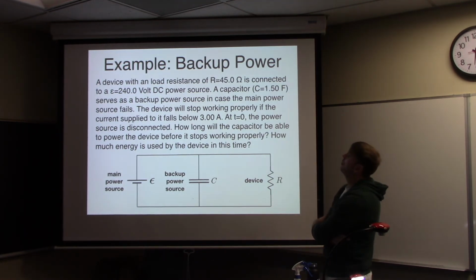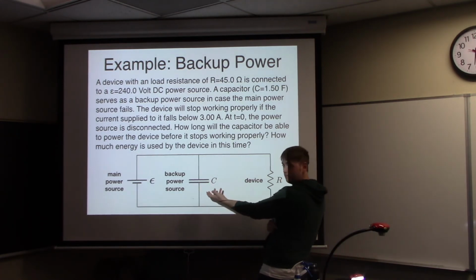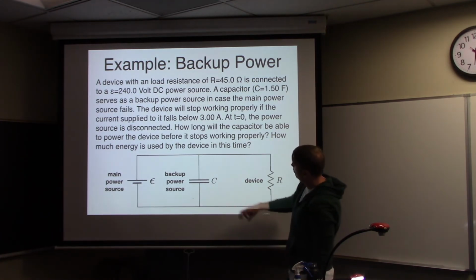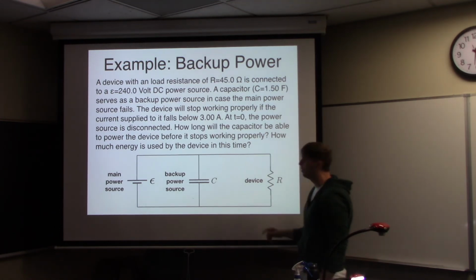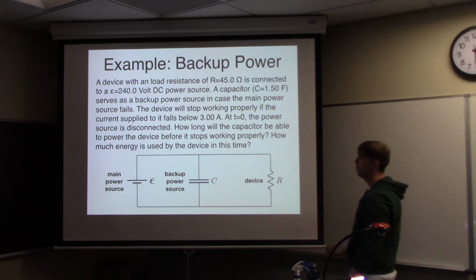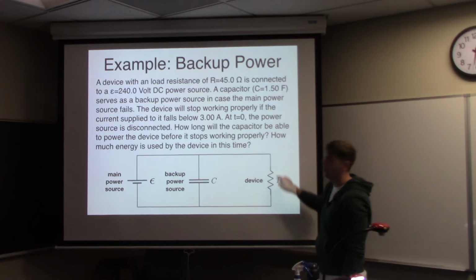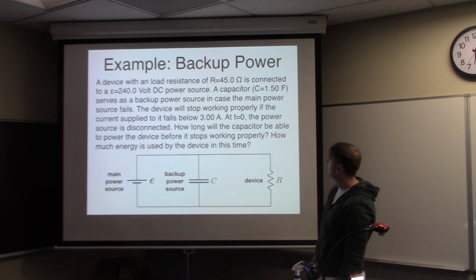Initially the capacitor was charged up, then we knocked out the main power source, and what happens when you just have a capacitor connected to a resistor and nothing else in the circuit? Well, the capacitor discharges. So when the capacitor discharges, it's giving current to the device, and that can keep it running for a limited amount of time.